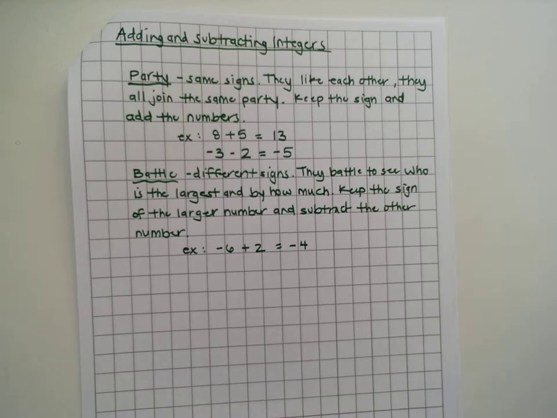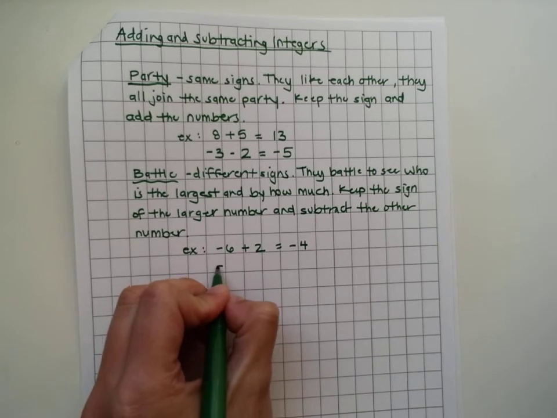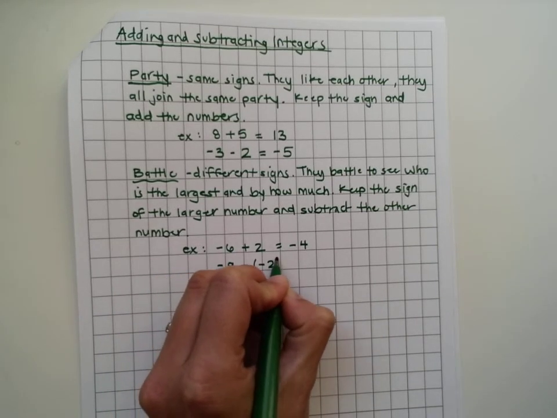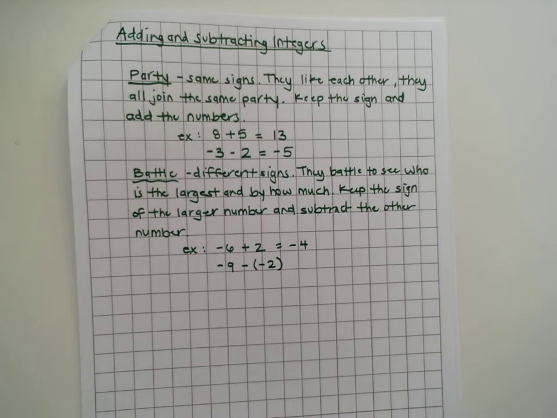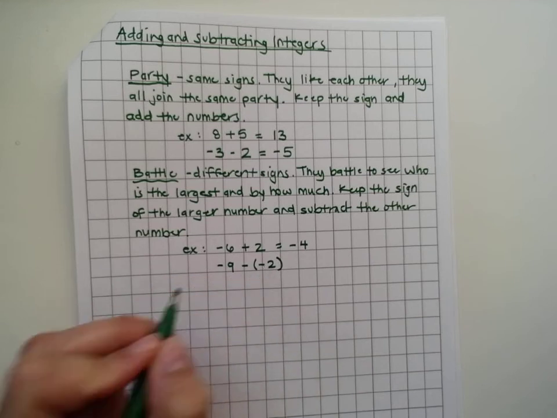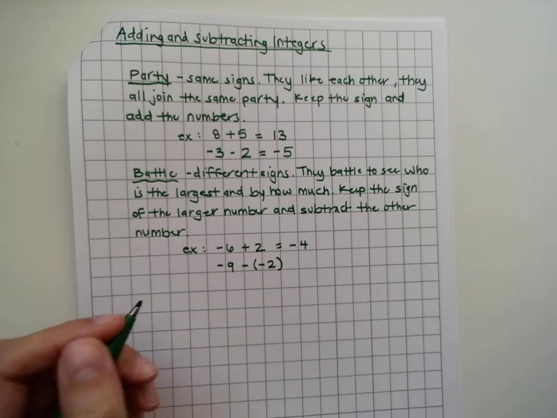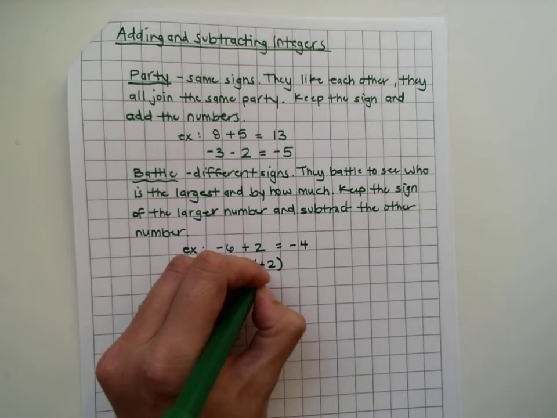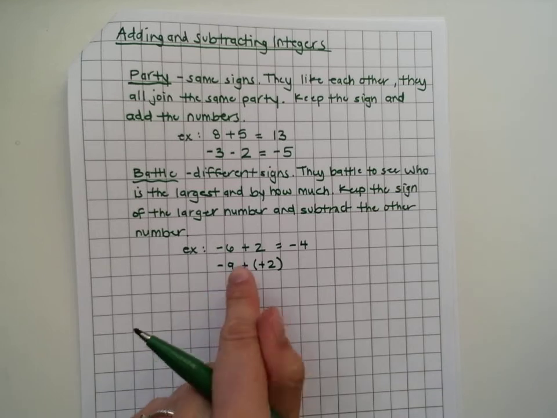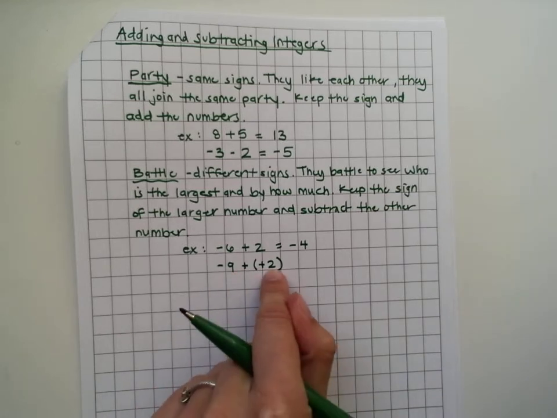Let's do another example. -9 minus -2. So anytime you subtract a negative, that's really adding a positive. So you want to switch those signs. And now we're going to ask ourselves, we have a negative and we have a positive.